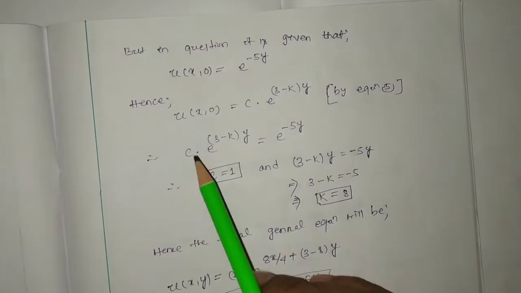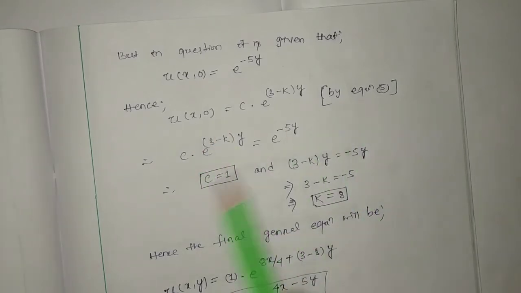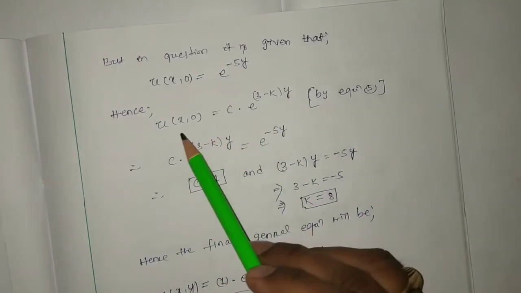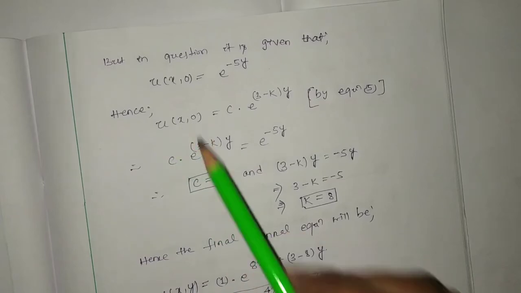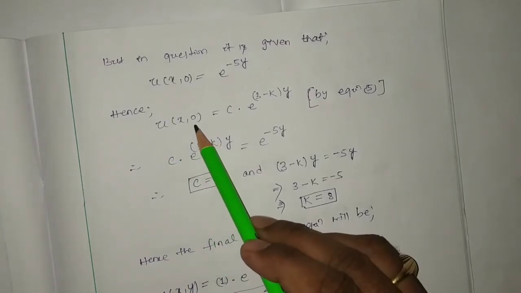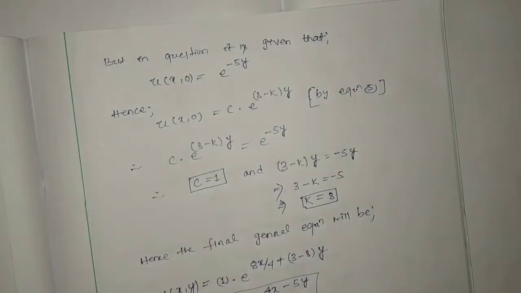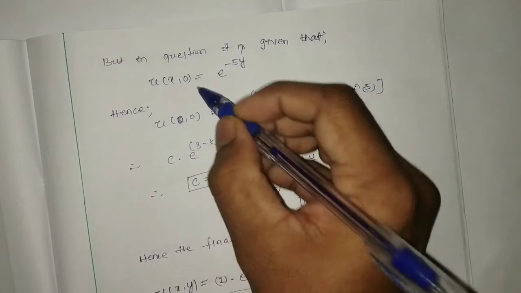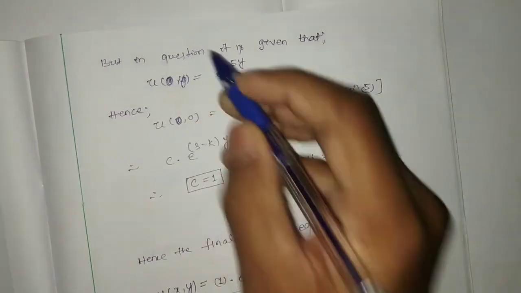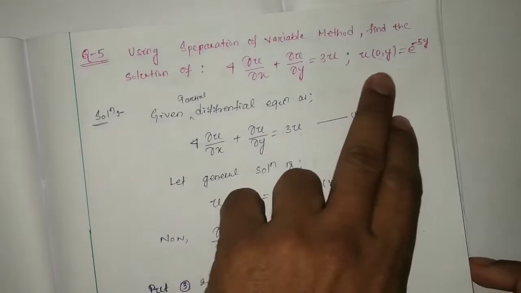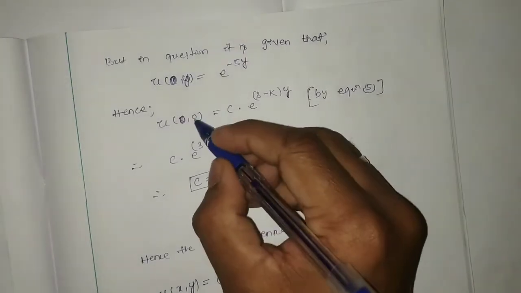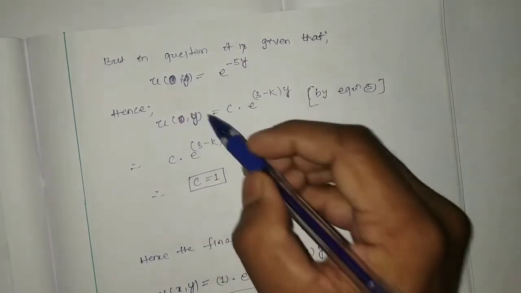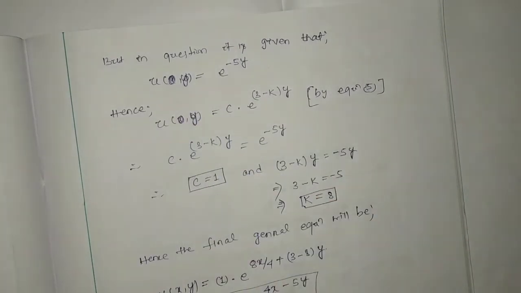So if I consider equation number 5, whatever we had on the previous page, u of 0, y, that means we have to consider x equal to 0.